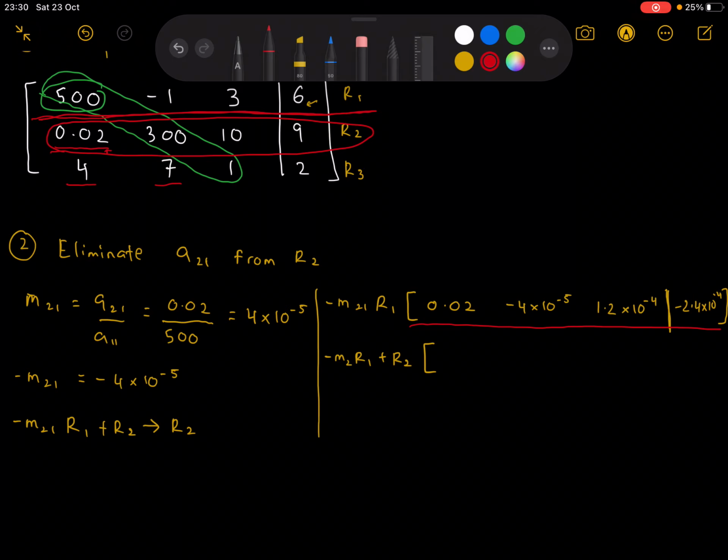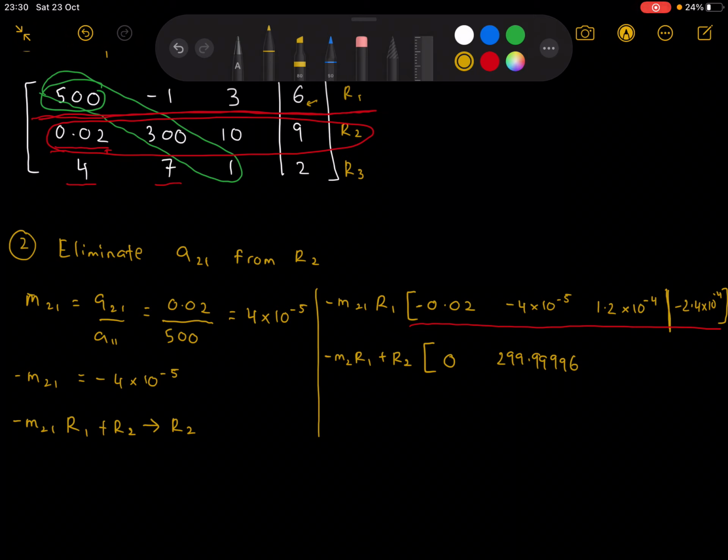So this one will become 0. So negative 4 exponent negative 5 plus 300, this one will become 299.99996.